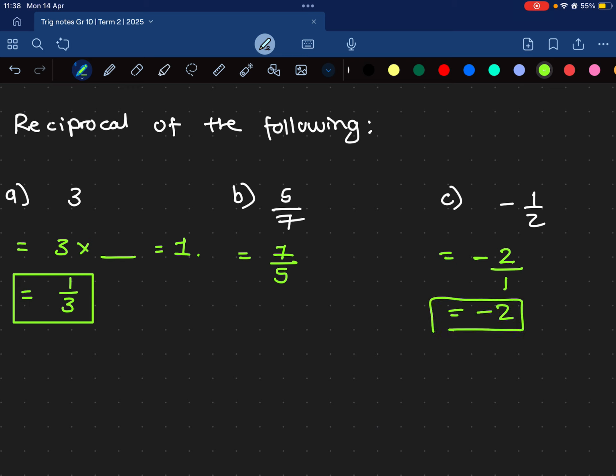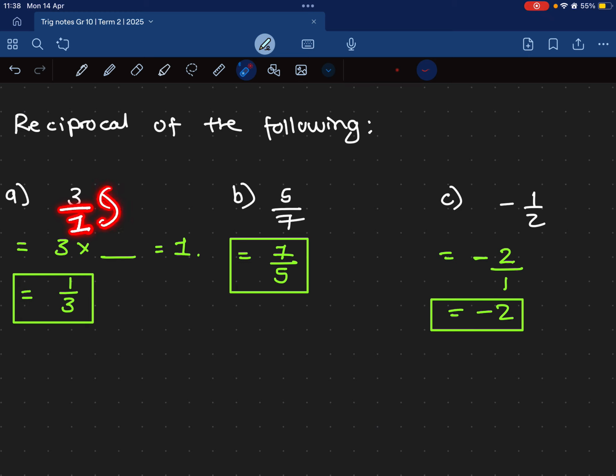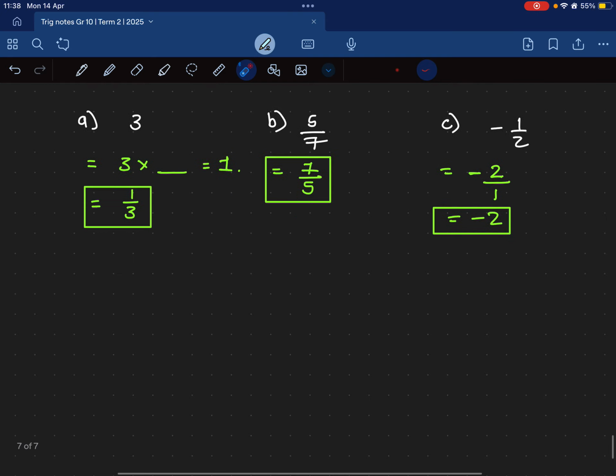So you may have noticed that there is a little bit of a pattern here. All you have to do is swap the numbers around on a fraction. If it's a whole number, remember whole numbers are just over 1, so you swap it around to get 1/3. Or in this case, 2/1 would be the reciprocal of a half.